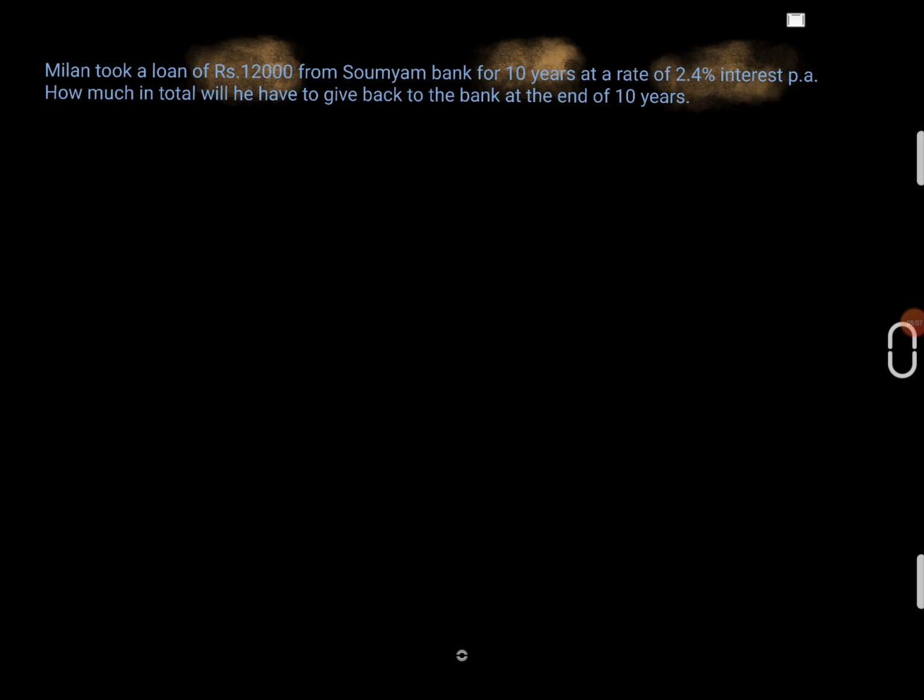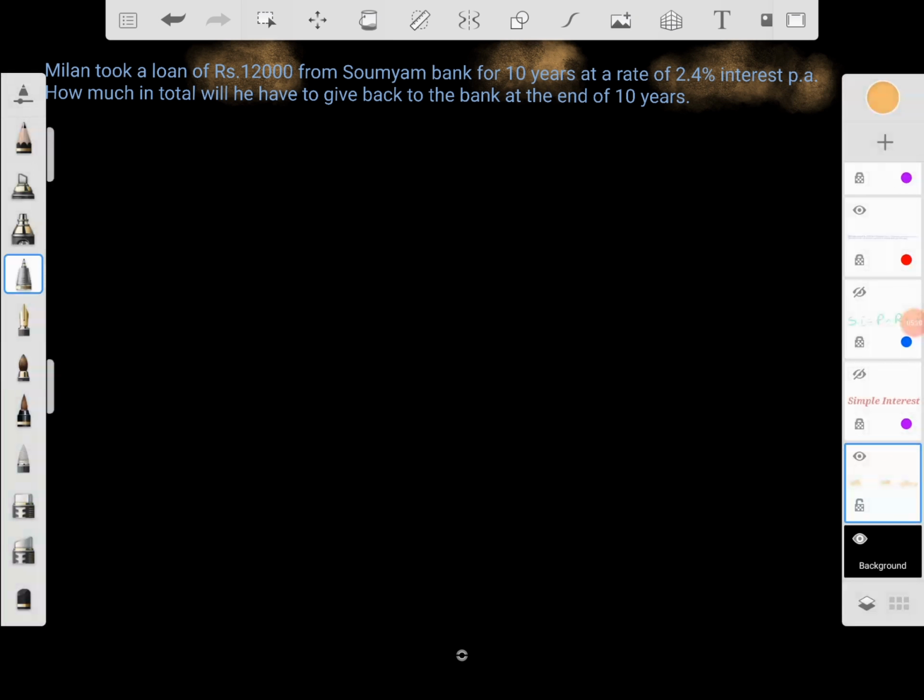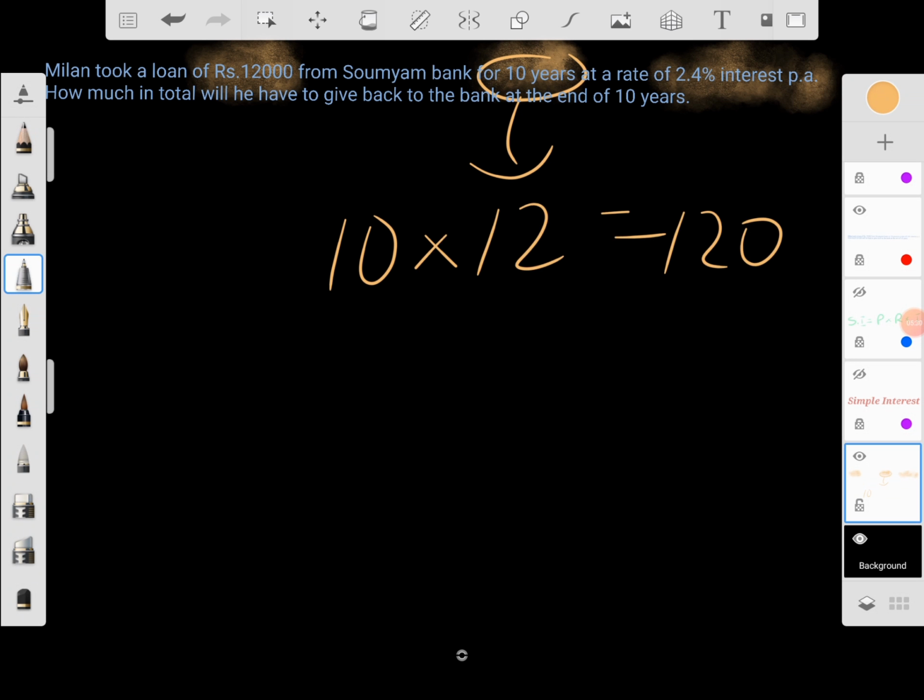That is also important because we are multiplying it by time, so time and the per annum should be of the same units. If it is per month, then we have to convert these years into months. How? 1 year is 12 months, so 10 years will be 10 into 12 months. You get it? 120 months. So be careful. If it is per annum, it is per year. Now there is no issue because the time is given in years. If it was per month, we should have converted this into months. Okay, let us go back.